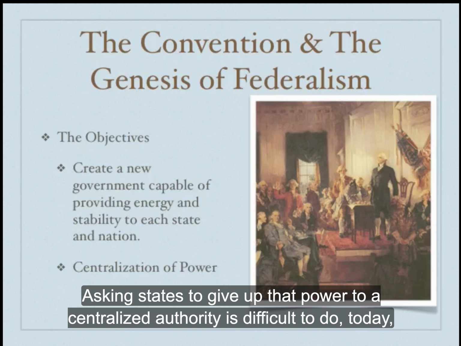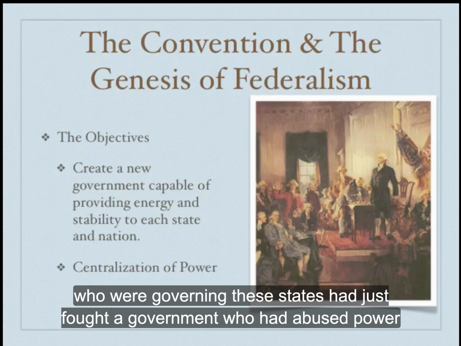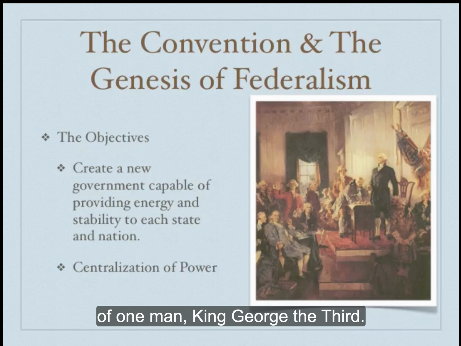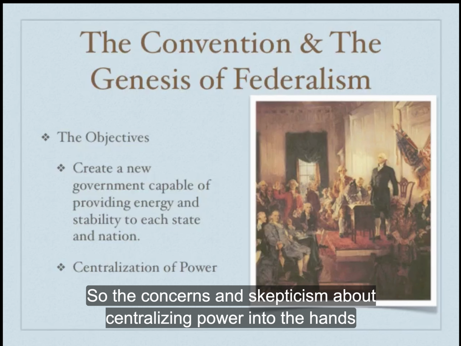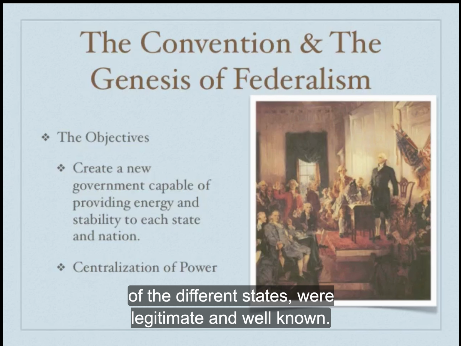Asking the states to give up that power to a centralized authority is difficult to do today, but especially at a time in which the people who were governing these states had just fought a government that had abused power in Great Britain precisely because power had been centralized into the hands of one man, King George III. So the concerns and skepticism about centralizing power into the hands of one government, even if it were to be represented by all of the different states, were legitimate and well known.